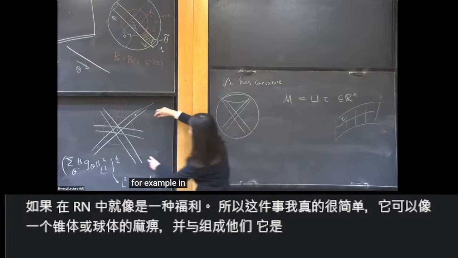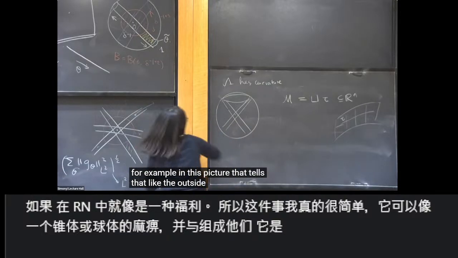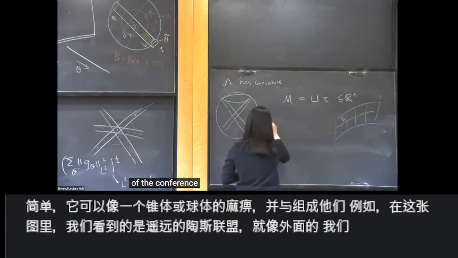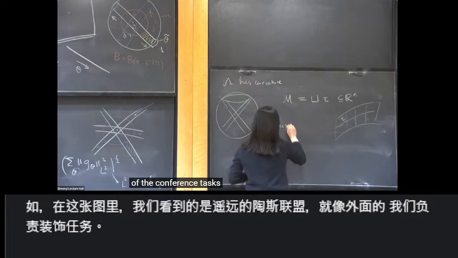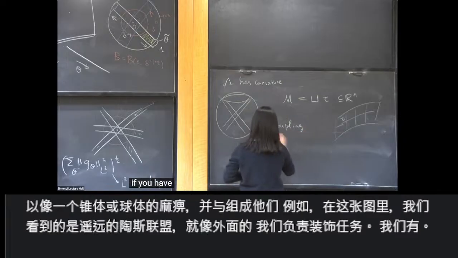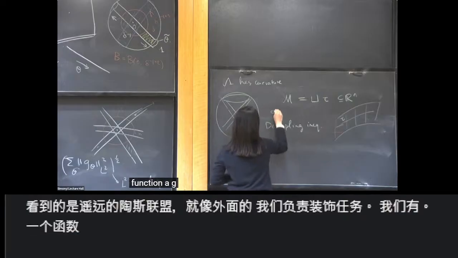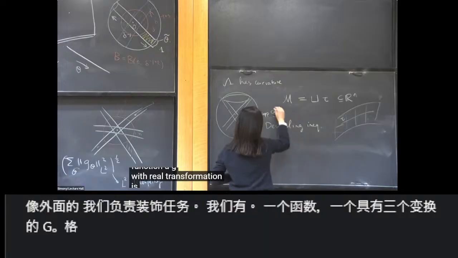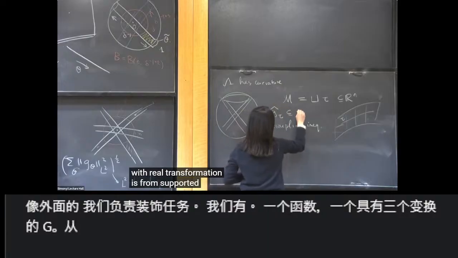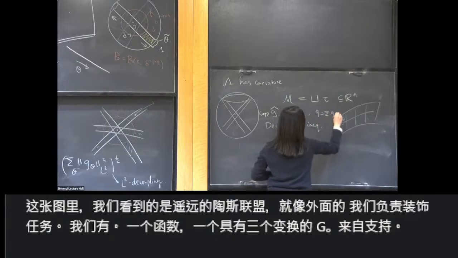For example, in this picture, the taus are like those outside of the tube. The decoupling asks, if we have a function G with Fourier transform supported on a curve, and then G equals the sum over G tau.